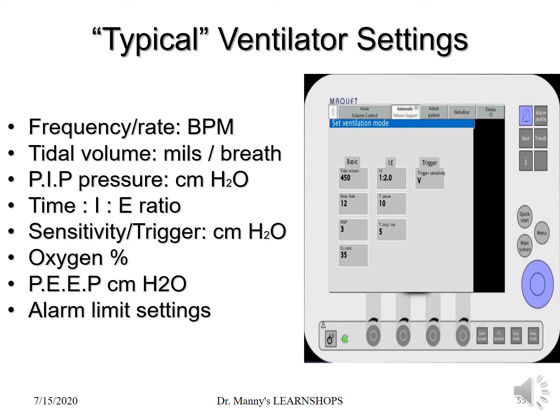But typically, ventilator settings consist of a frequency or rate of ventilation, tidal volume in mils per breath, a pressure in centimeters of water, an I:E ratio, an inspiration-expiration ratio, the sensitivity or trigger in centimeters of water, the oxygen percentage, the PEEP in centimeters of water, and alarm limit settings.